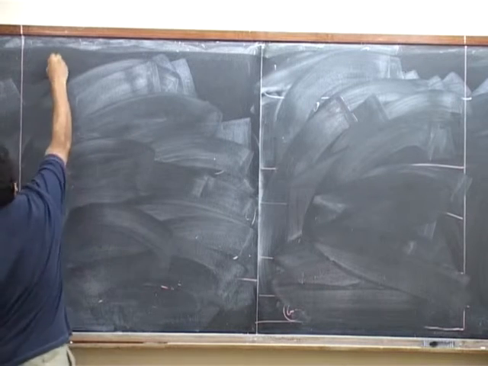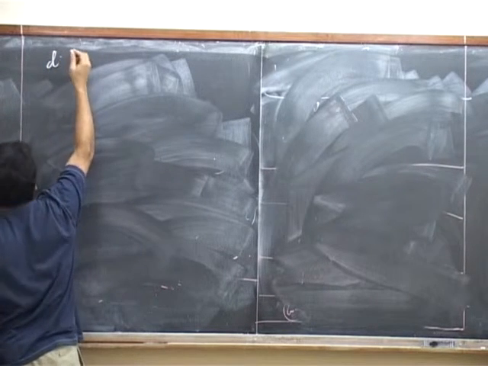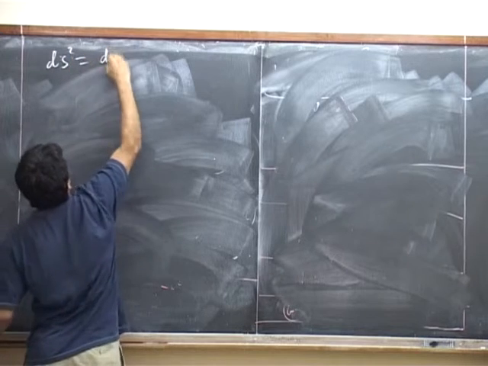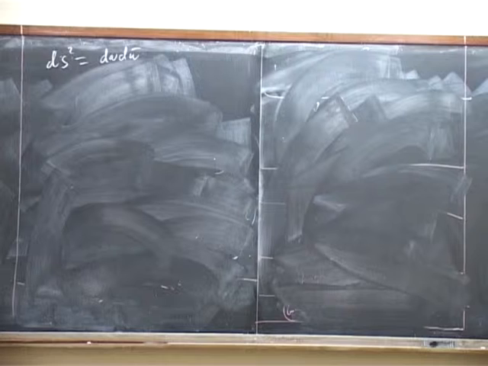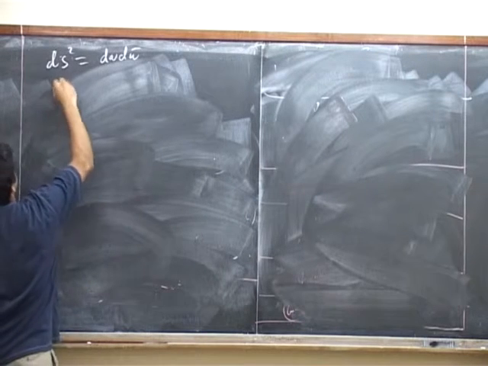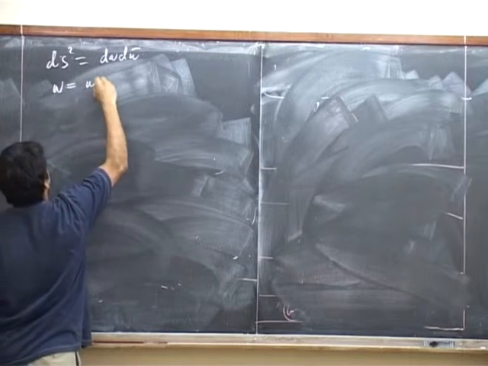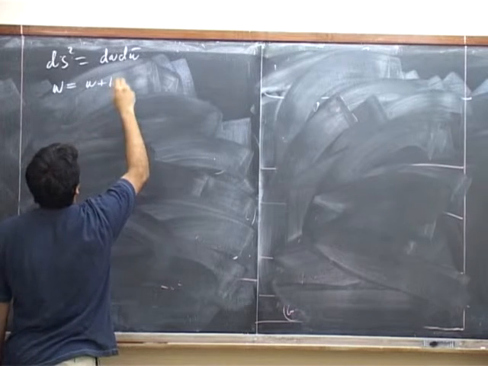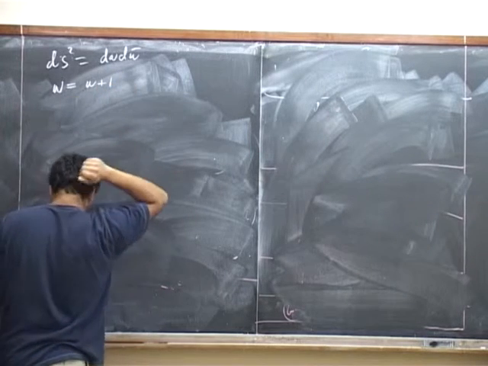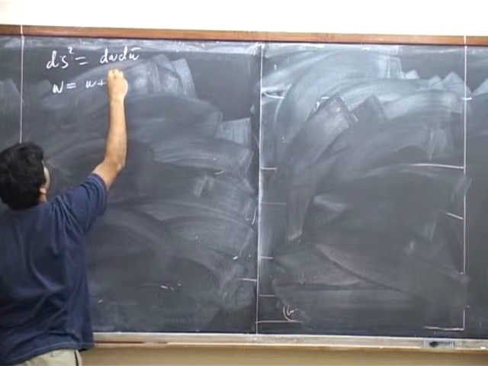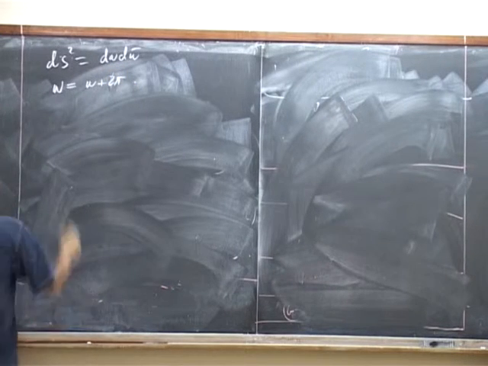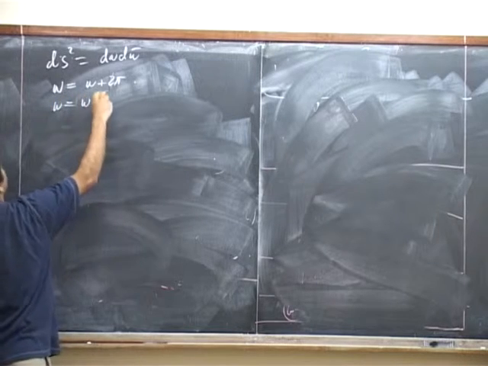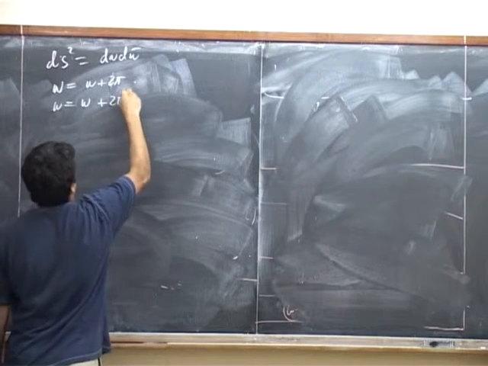So one can think of the torus as the metric ds squared equal to dw dw bar, the usual flat metric, with the identifications w is equal to w plus 2π, and w is equal to w plus 2πτ.